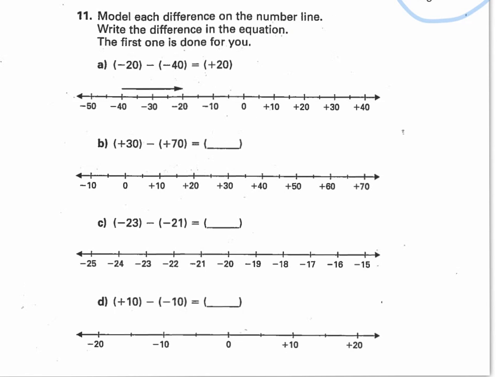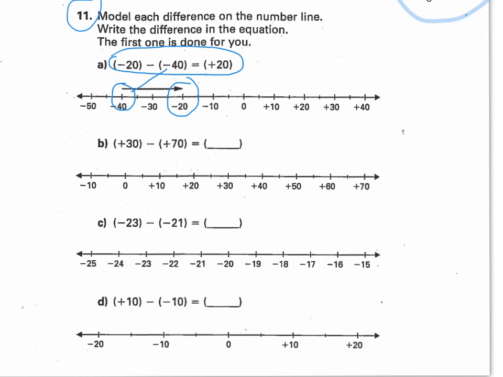Here's the last question you will do for homework. Model each difference on a number line. The first one is written for you. -20 subtract -40 equals +20. Here is my starting number.